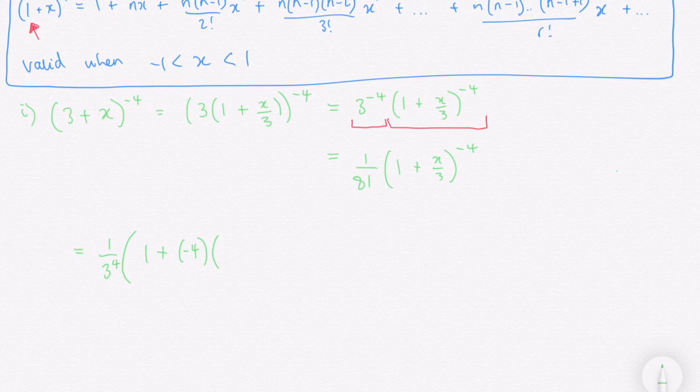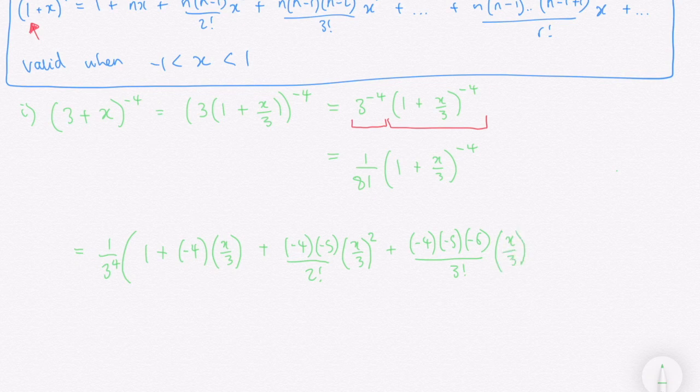So minus 4, lots of x over 3, then n, so minus 4, n minus 1, minus 5, over 2 factorial, lots of x over 3 squared, and then minus 4, minus 5, minus 6 over 3 factorial, lots of x over 3 cubed, plus our remaining terms.